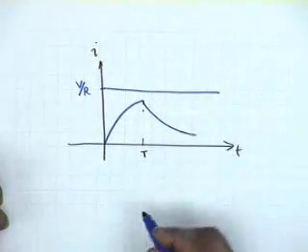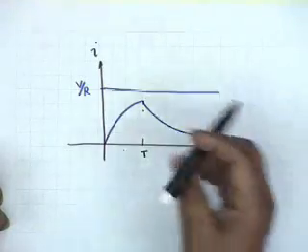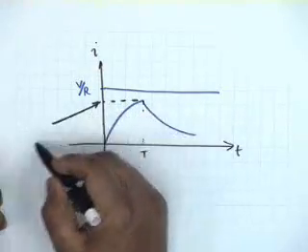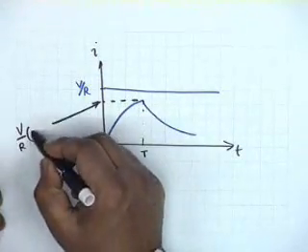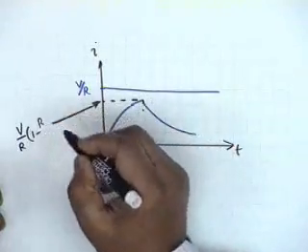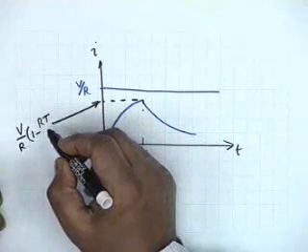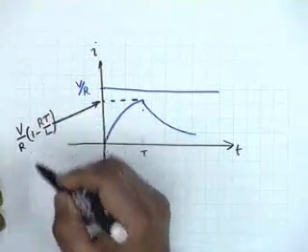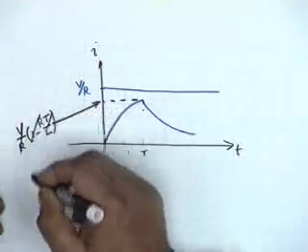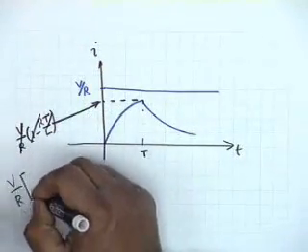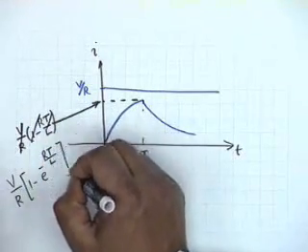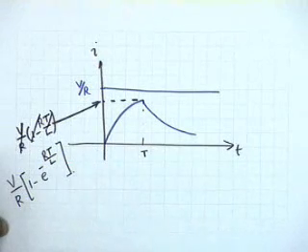It diminishes like this. And you see the maximum response would be simply given by V by R times 1 minus e to the minus R capital T divided by L. Is that okay? I beg your pardon, V by R times 1 minus e to the minus R capital T by L. All right.